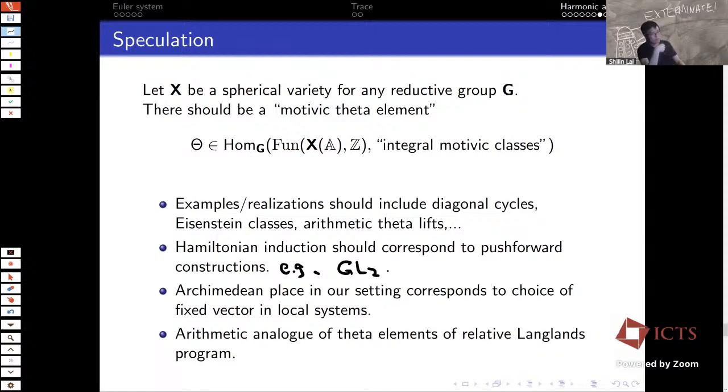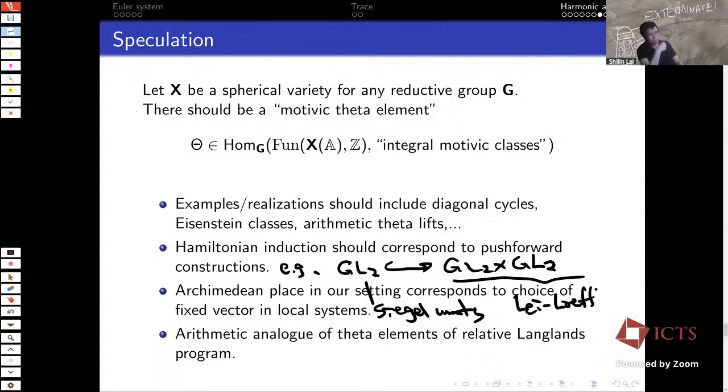But we can push forward the Siegel unit to something like GL2 cross GL2. The pushed-forward collection of classes are the classes that were used by Lei-Loeffler-Zerbes when they constructed the Euler system for Rankin-Selberg motives, for GL2 cross GL2 specifically.